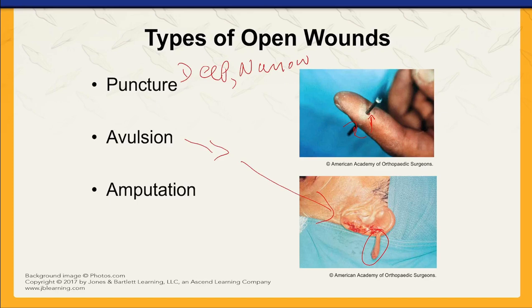An amputation is when you have either a cutting or tearing of a body part. Cutting or tearing of a body part would be an amputation.